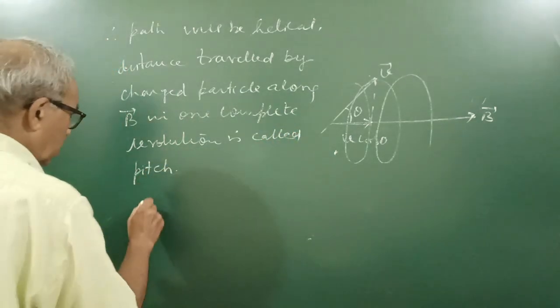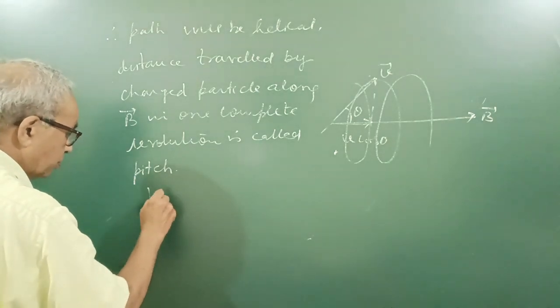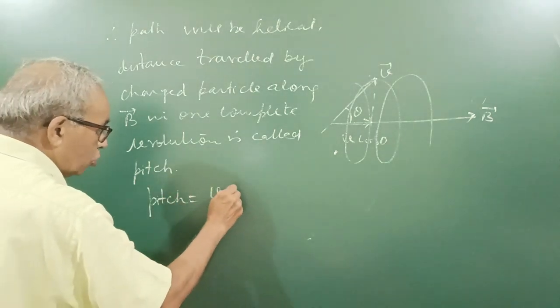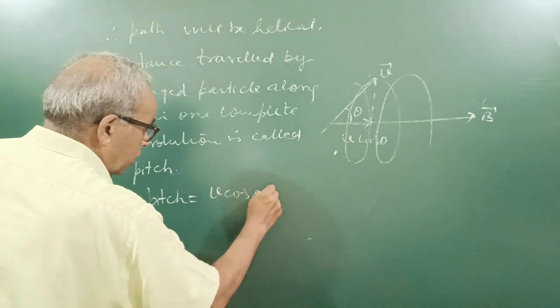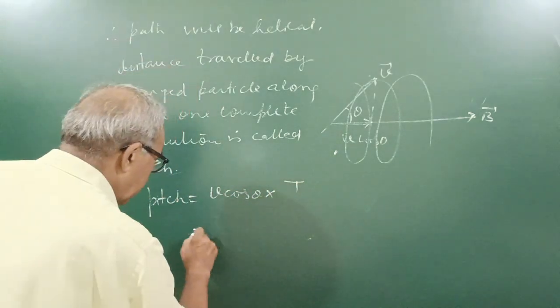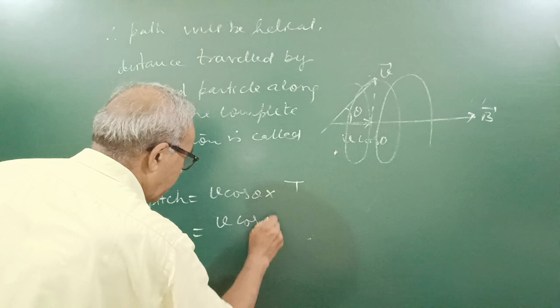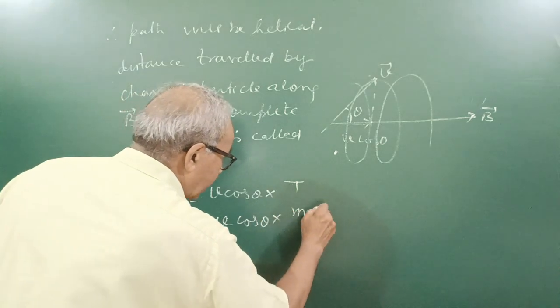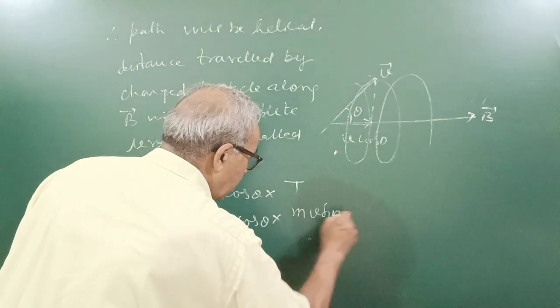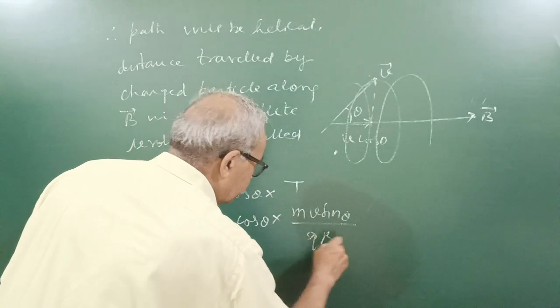P-I-T-C-H. So pitch is equal to V cos theta into T, that is, V cos theta into m v sin theta upon qB.